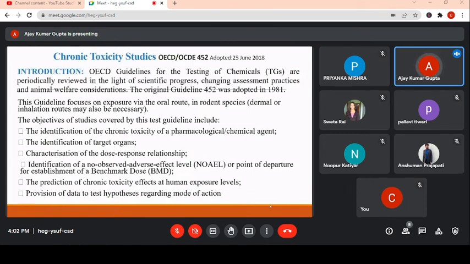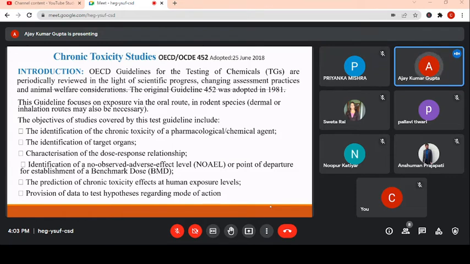A very tedious type of guidelines, which most of the students or scholars feel, has been simplified so that you can understand and could also utilize similar guidelines for subacute and acute toxicity studies.